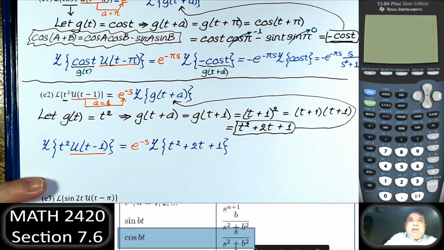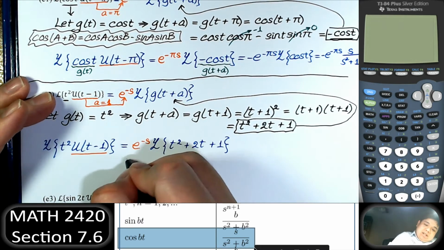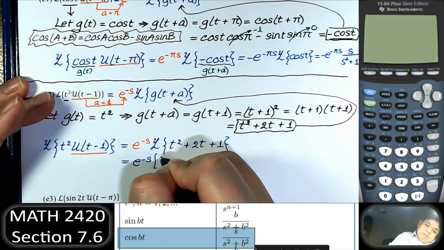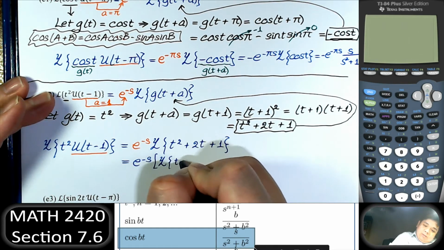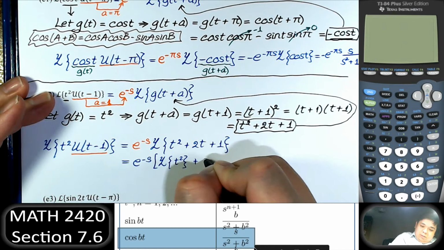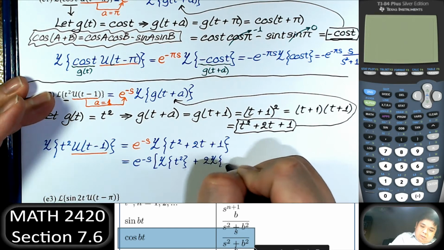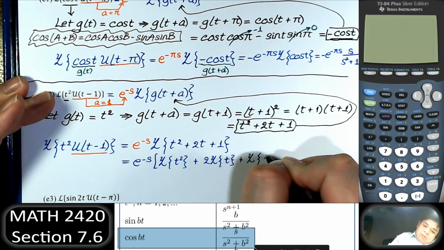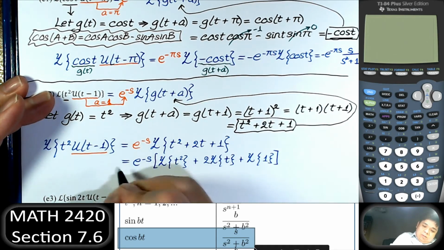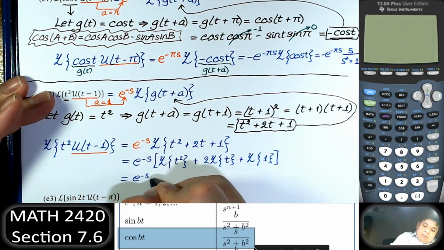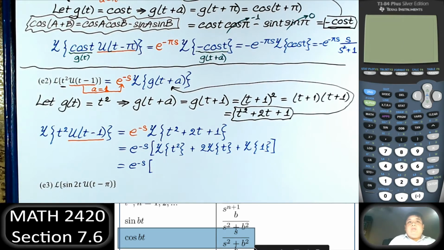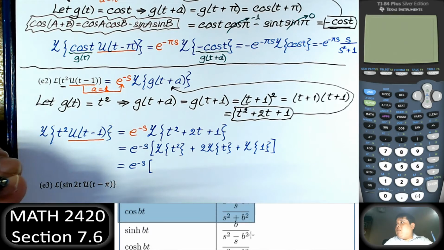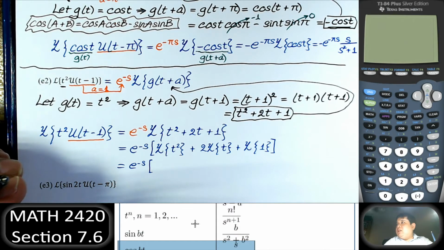So that's easy, right? So we just split the Laplace transform. Right. Laplace transform of t squared. So we'll have Laplace transform of the power of t.